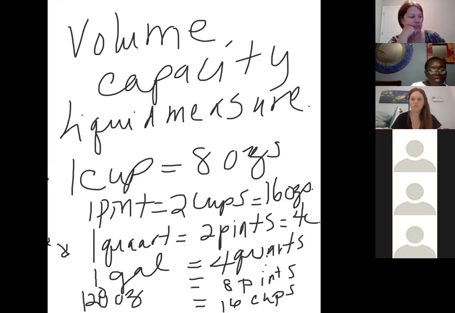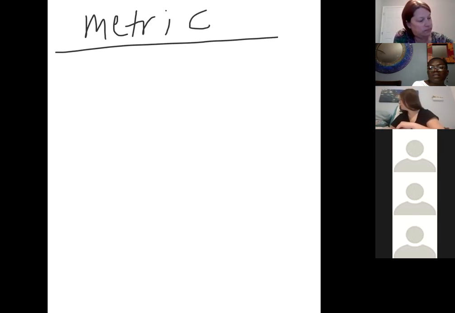Now, when we're looking at measuring volume, guys, I am going to erase all of this. In the metric unit, what do we use to measure volume, guys? In the metric system, what's the basic unit of measurement for volume, guys?